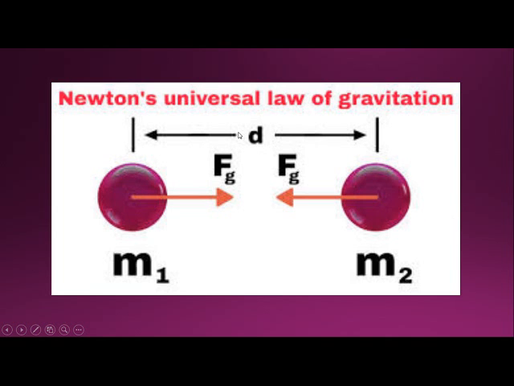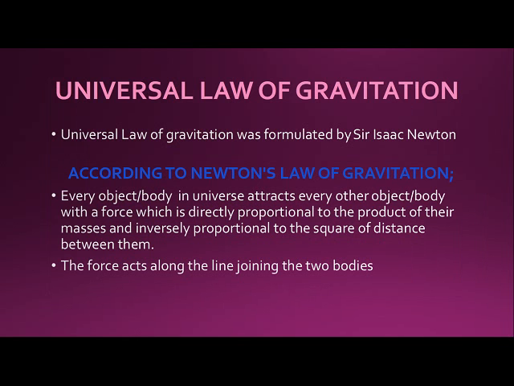Now, what does the law say? Every object in the universe attracts the other object with a force. The value of this force is directly proportional to the product of their masses and inversely proportional to the square of the distance between them.